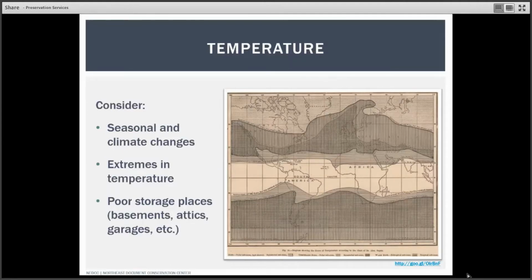Very warm or very cold conditions can cause your archival materials to dry out or deteriorate at a higher pace. High heat in particular catalyzes chemical reactions that ultimately promote deterioration. So with this in mind, you really need to consider where you store your historic materials. Are you storing things in the attic or maybe out in a barn in the summer?